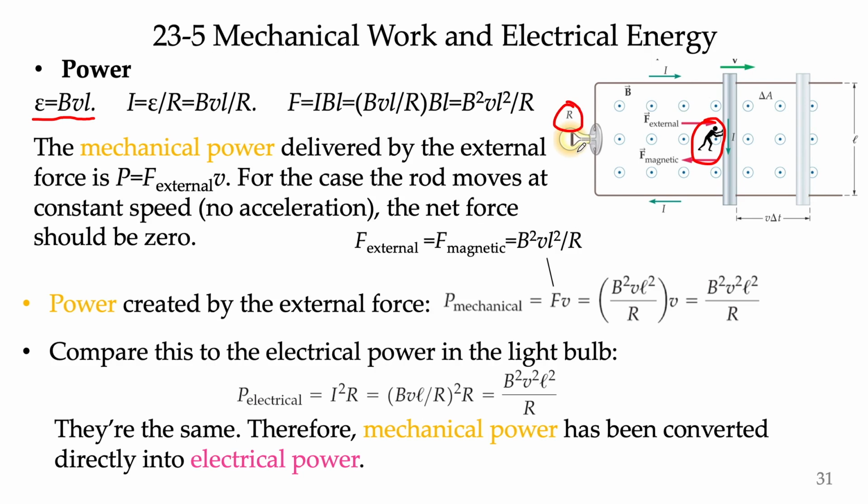Now you know the voltage and you know the resistance, so just use Ohm's law: voltage divided by R gives you the current. So the voltage is BVL, divided by R. This is going to be the current.